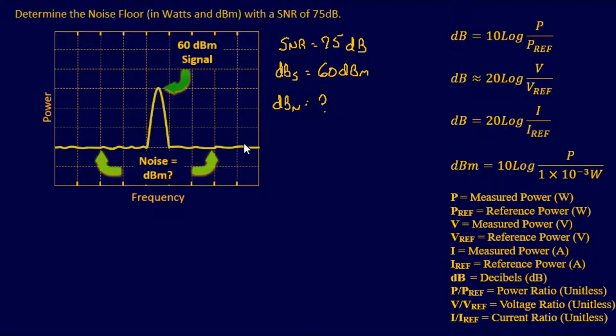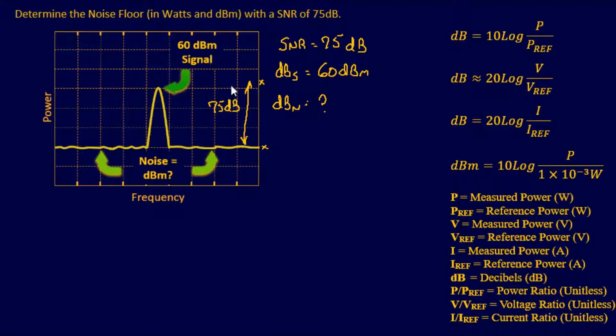So we know from here to here is 75 decibels. So you want to think that if you're looking at this as a scale, this is a point, and then you're going up 75 to your signal, and that's the next point.